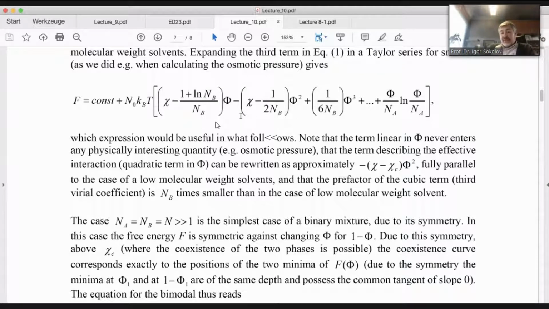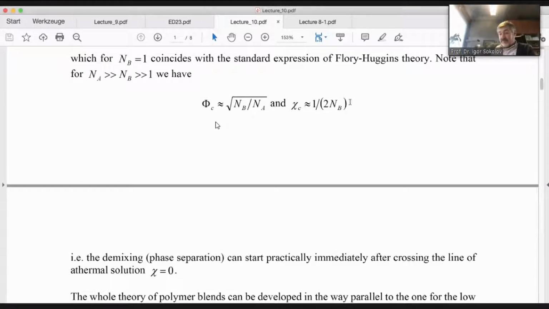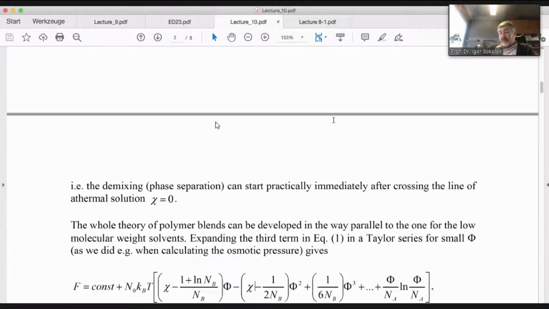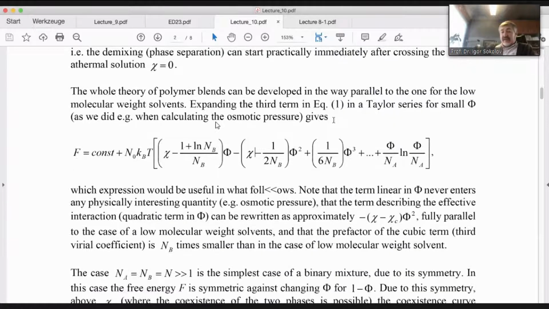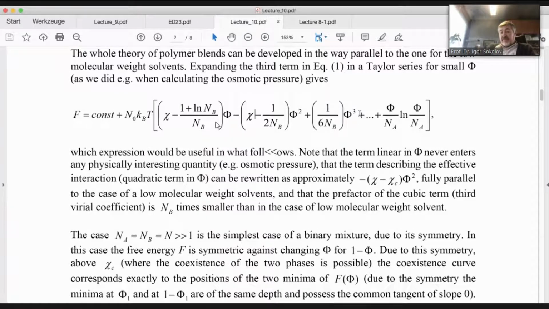Here we see this phase separation, so the change of the regime starts to happen at chi equal to 1 divided by 2n_B. This defines the critical point. And then I have this term with phi cubed, which will play some role afterwards.